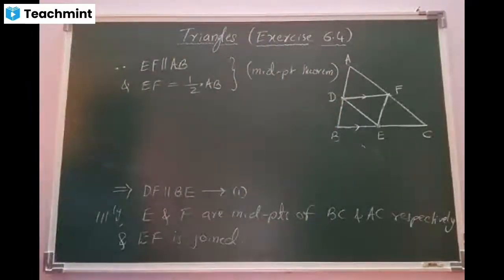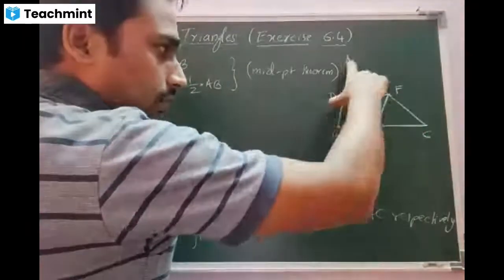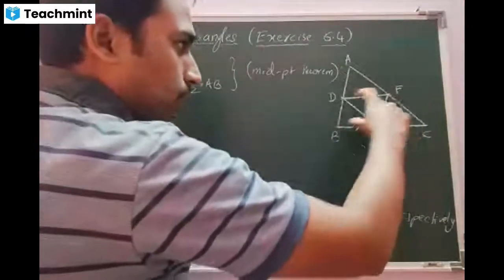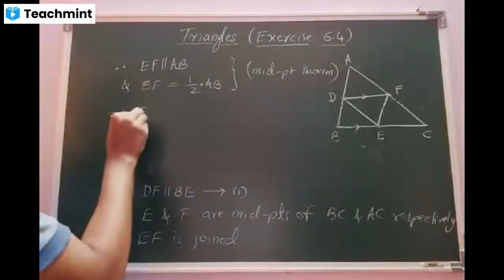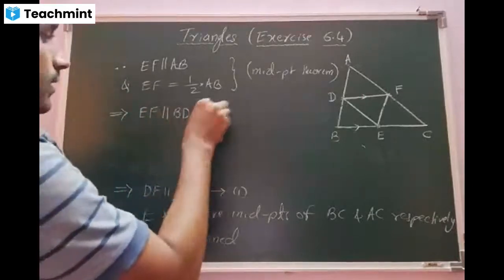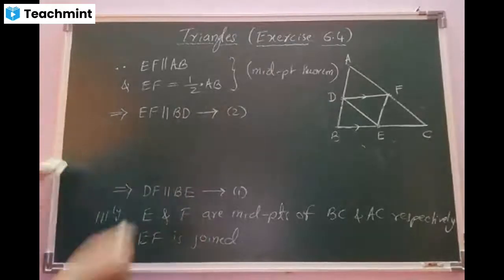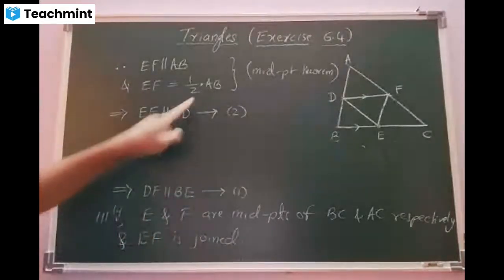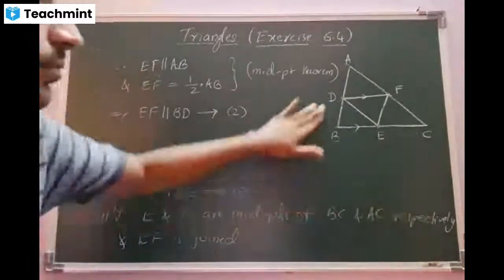Again, beta, observe. When this line is parallel to the entire line AB, I can say EF is parallel to BD also. Correct, beta? Yes, sir. EF is parallel to BD. Call it equation number 2. Write it down, beta. I think you have written till here. Copy this one also. Quick. Do it fast.